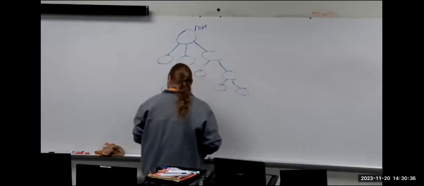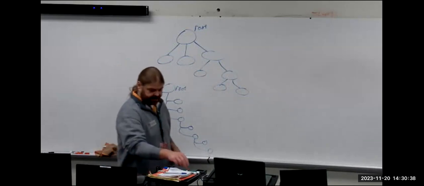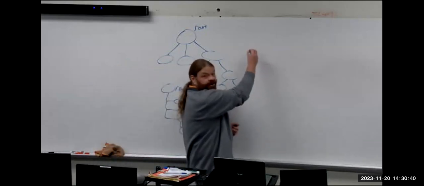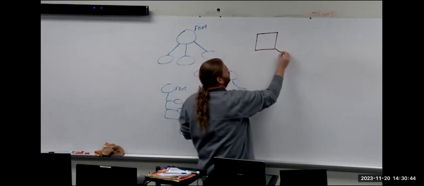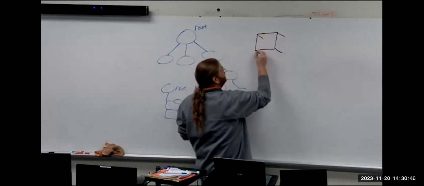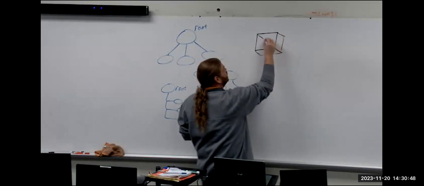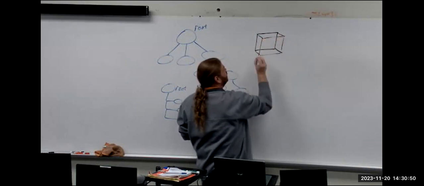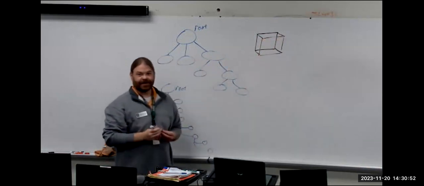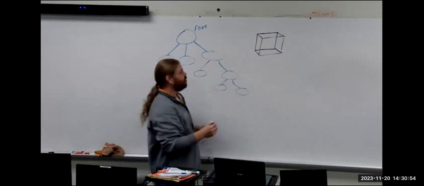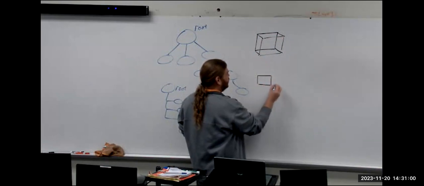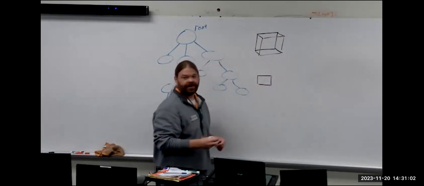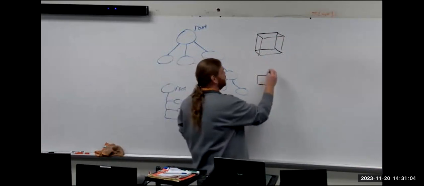So with 3D graphics, the camera takes a cube of space, a nice evenly spaced cube, and turns that into a frustum, which is like a pyramid with the top cut off.